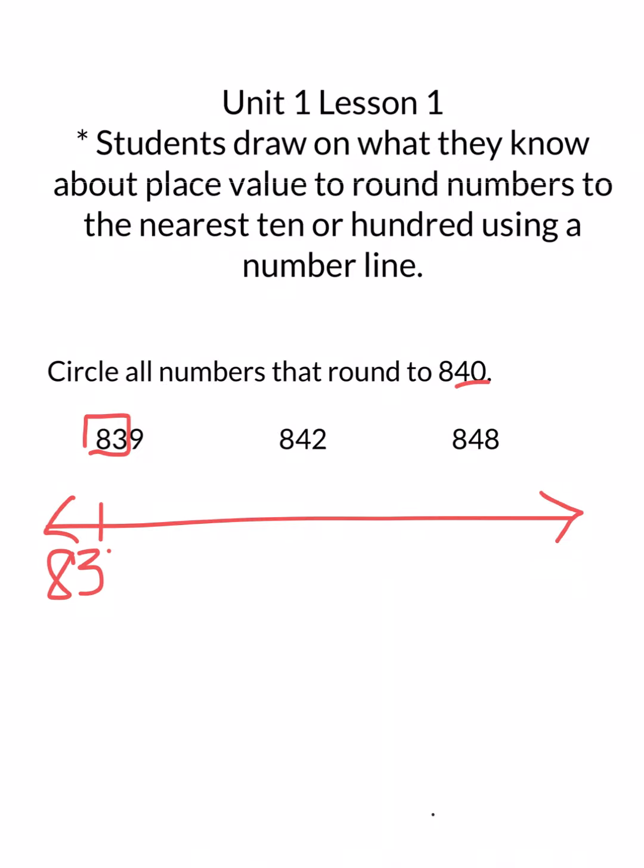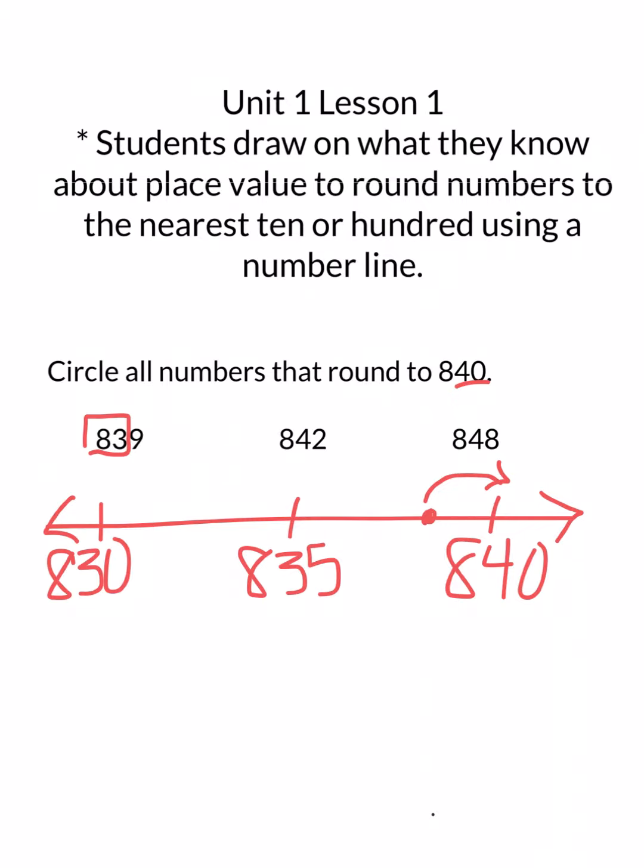So we would start with 830, 10 more, 840. The number halfway between 830 and 840 would be 835. 839 falls to the right of the midpoint, so we would say that 839 rounds up to 840.